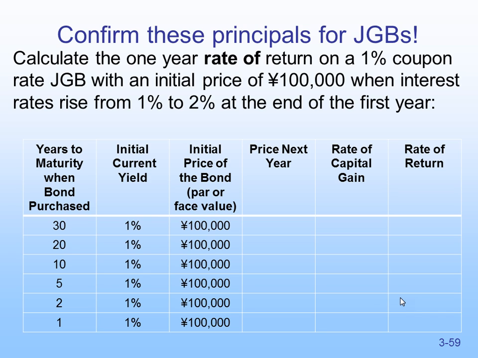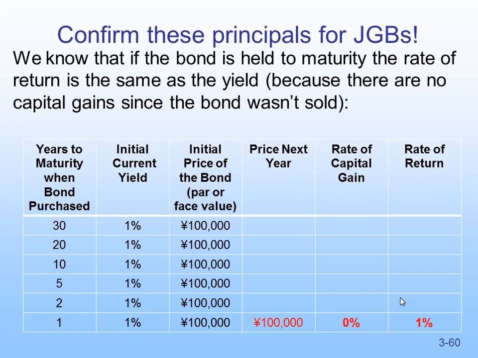I want to give you the first answer. Can you fill in the bottom row? Make sure you get that one right. So we've got a 1-year bond, initial current yield of 1%. The price of the bond, the par face value, is 100,000. Fill this in the bottom.